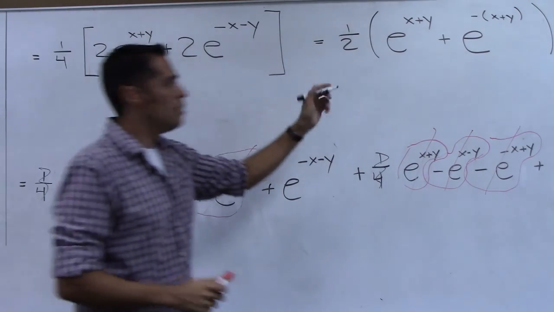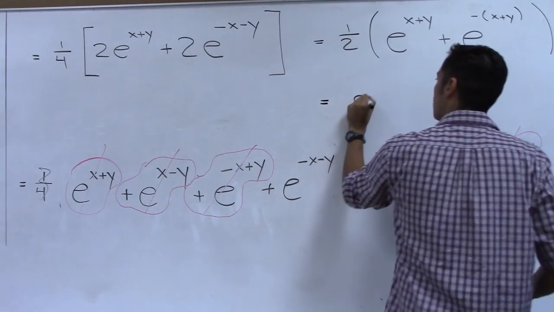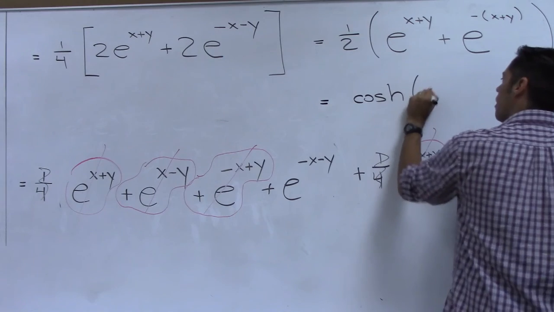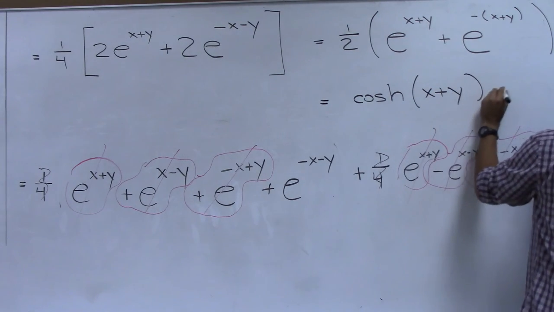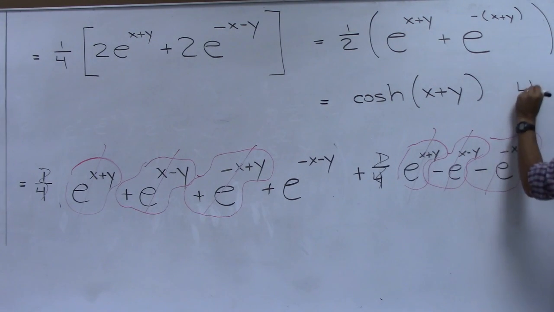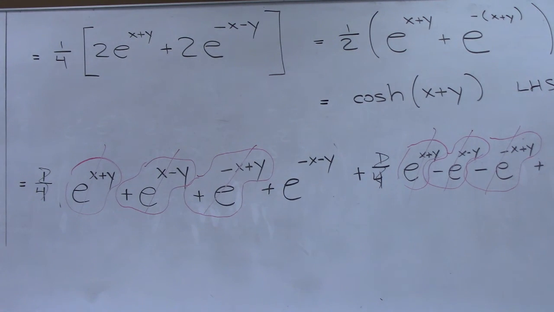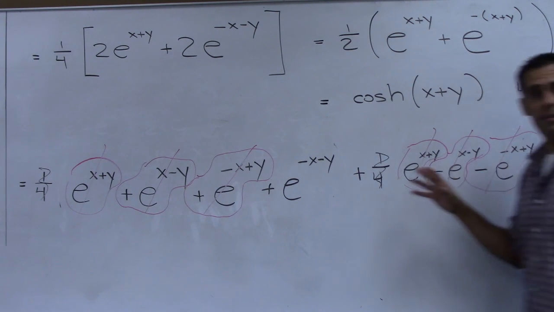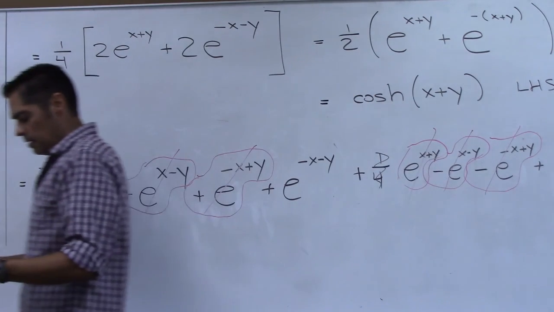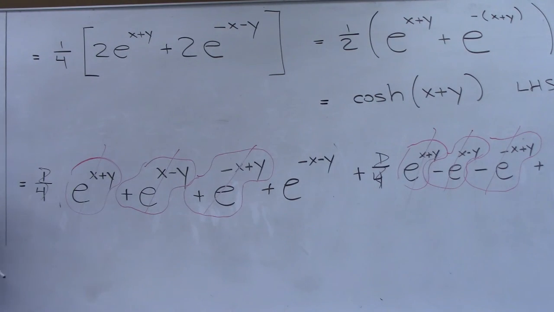So now from this point, we say this is equal to cosine hyperbolic of x plus y, which is the left-hand side, right? There we go. So it's manipulation of these things and being comfortable with these exponential functions and messing with them.